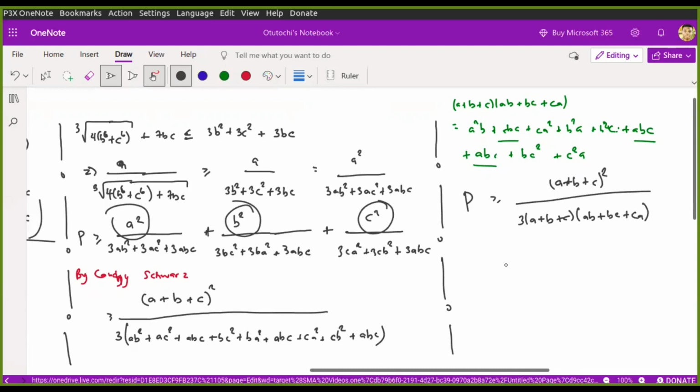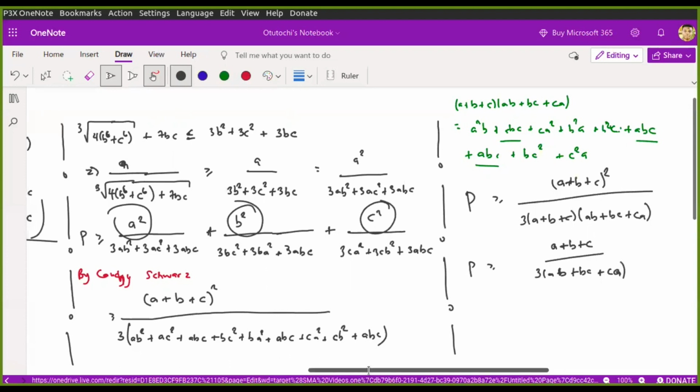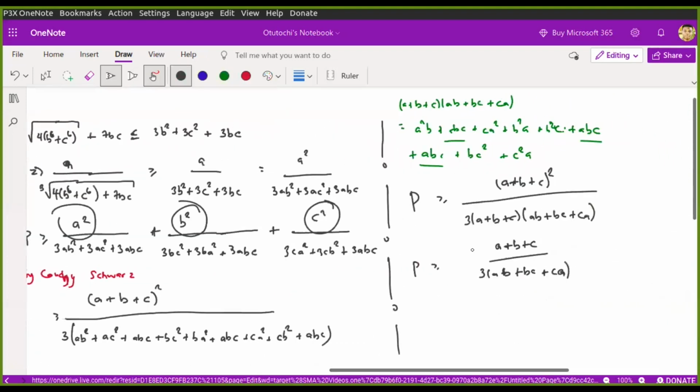Now a plus b plus c can cancel with a plus b plus c, so that will give us B is greater than or equal to a plus b plus c over 3 times ab plus bc plus ca, right? So now, if you remember, a plus b plus c is equal to 3. So if you factor that in, 3 cancels 3 to give us 1 over ab plus bc plus ca.